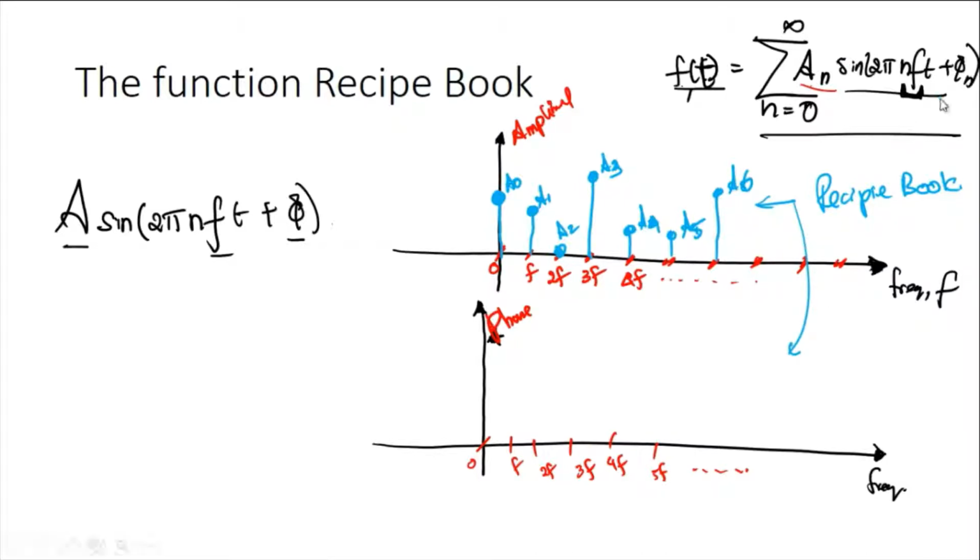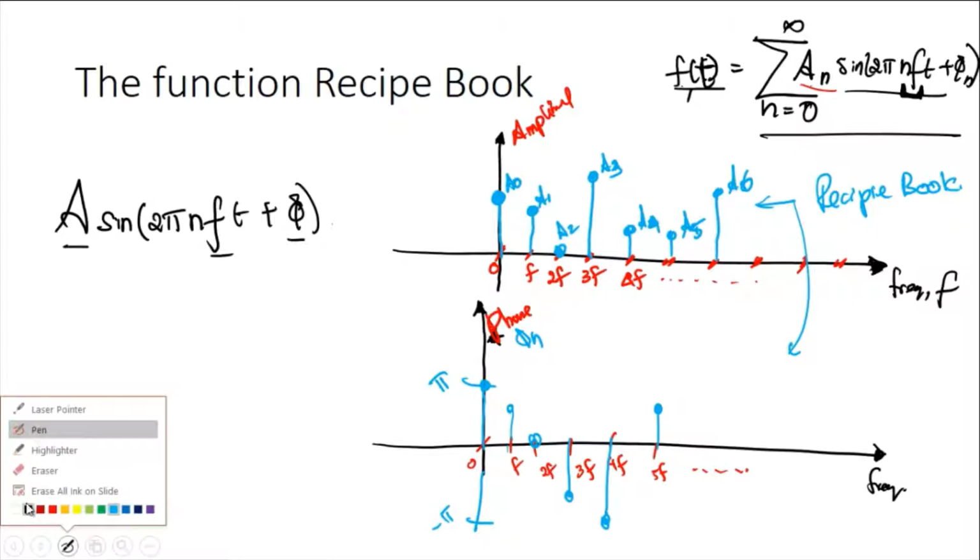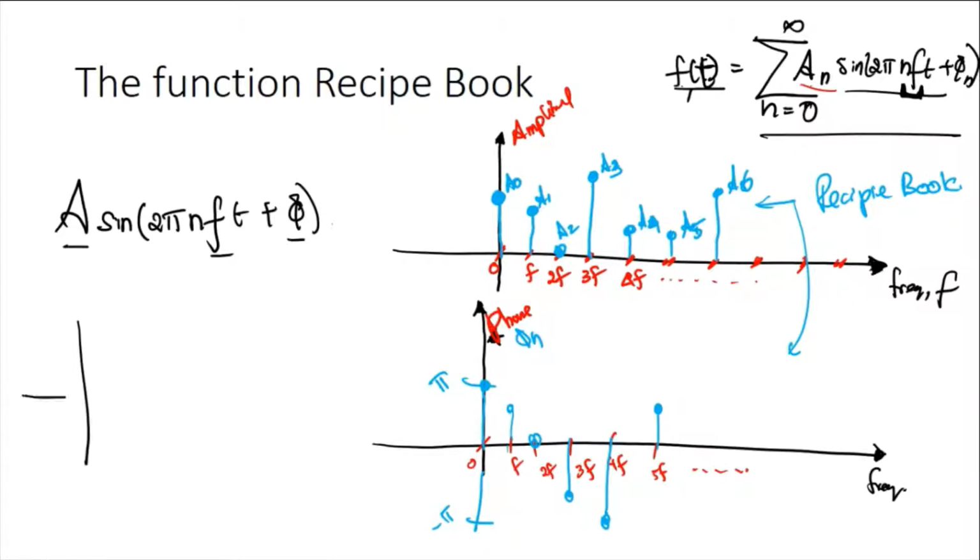So you also have phi n. I can write it as, so this is going to be between plus pi and minus pi. So the values are going to be somewhere in between in all the cases. And if you plotted this function in time domain, this is how it's going to look like. So this is f of t versus t.